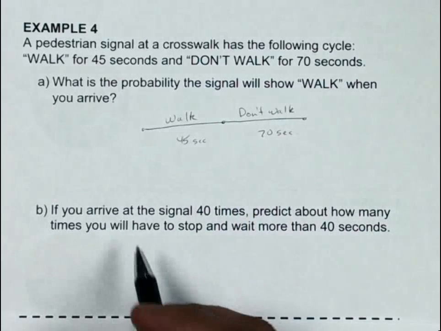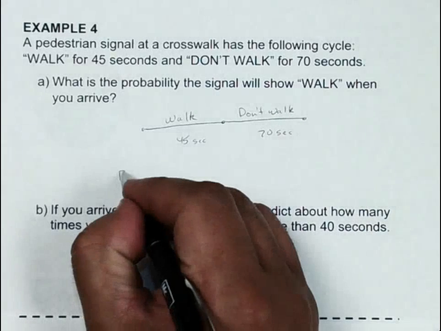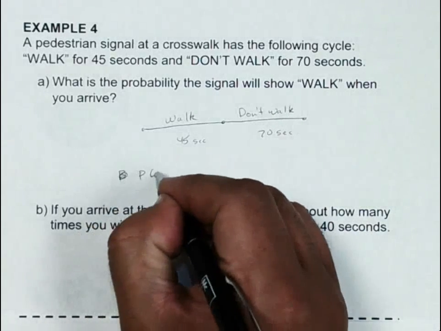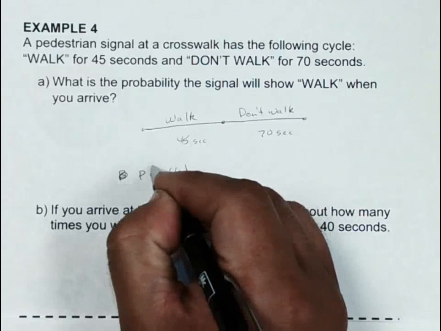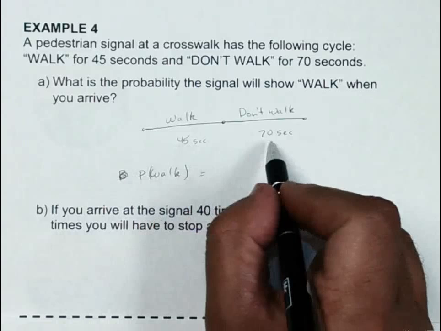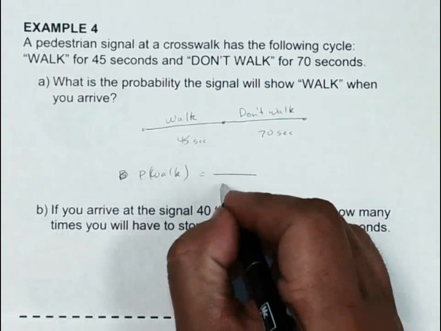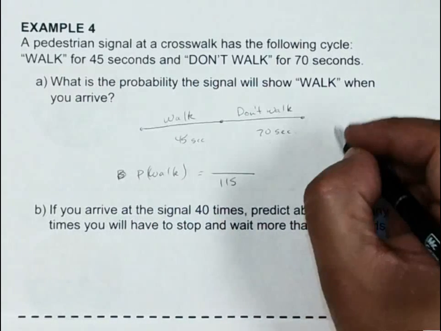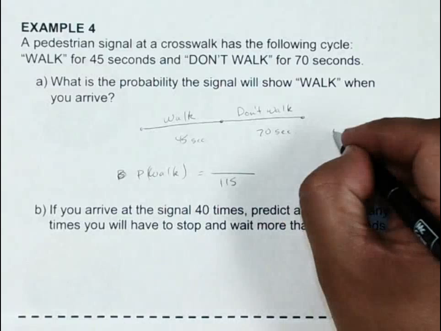The probability that it shows walk is going to be over your sample space, which is actually the sum of 45 and 70. That is 115 when you add these two together.